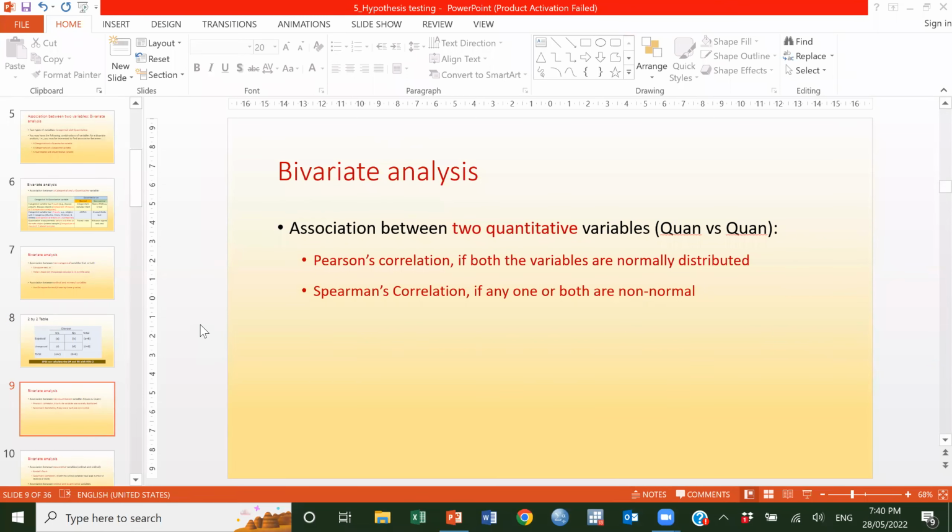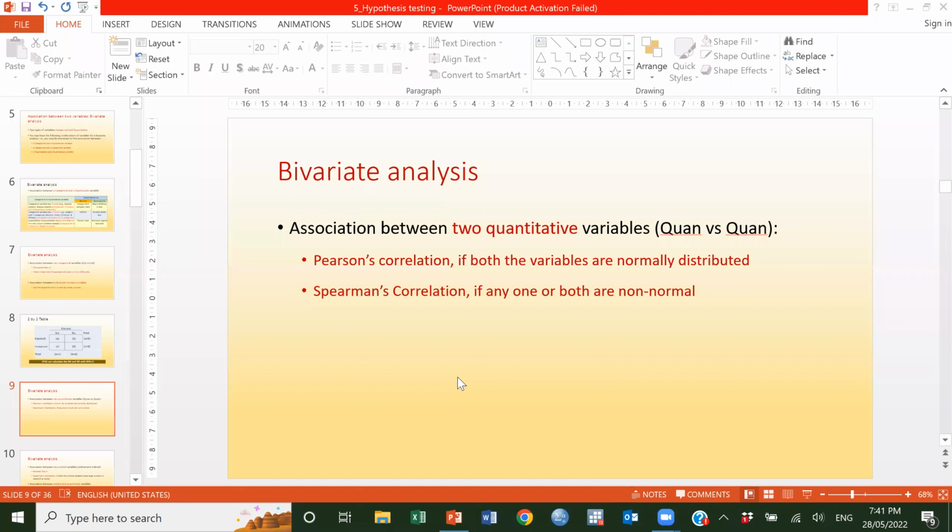Today, my plan is to find association between two quantitative variables. To find association between two quantitative variables, we do correlation and regression analysis.